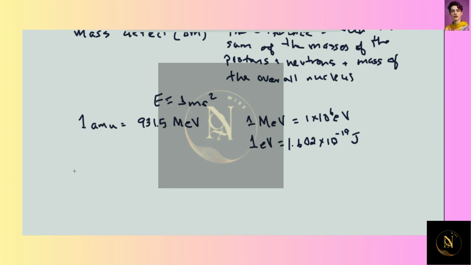If we have, for example, an oxygen-16 isotope, we know that it has 8 protons, because that's the atomic number, and 8 neutrons, because it's the mass minus the number of protons.